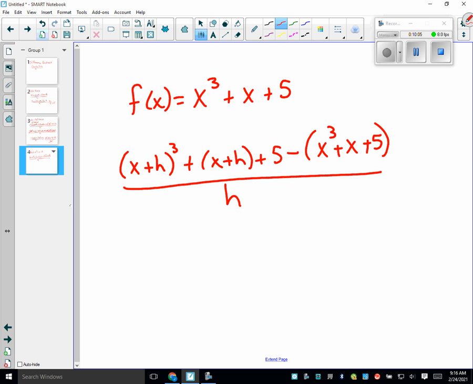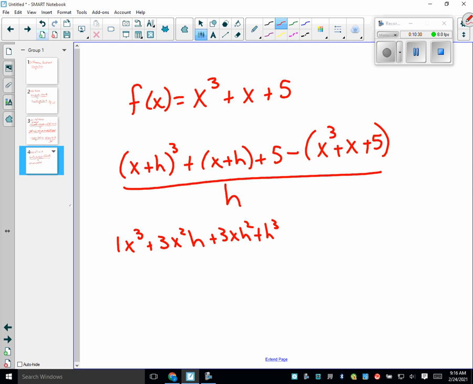So isn't it 1x cubed plus 3x squared h plus 3x h squared plus h cubed? Is that right? Did you all remember how to do that?